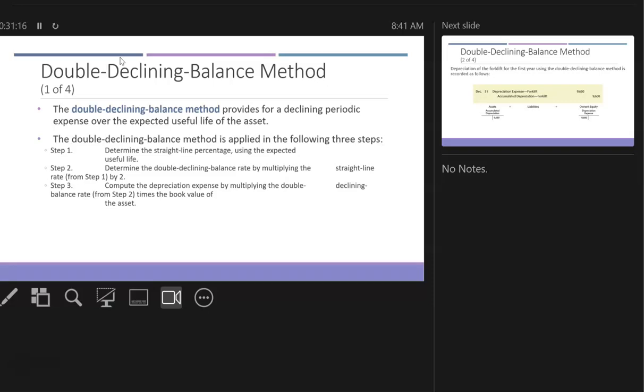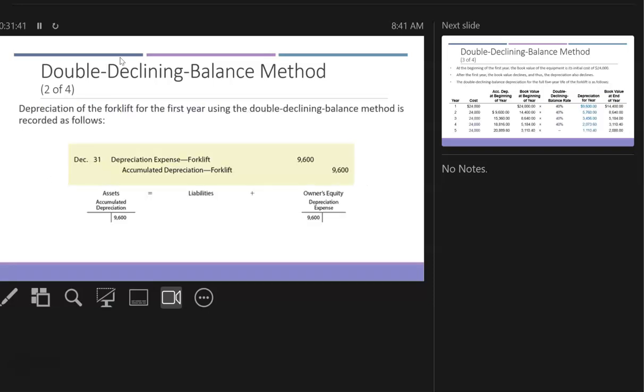Basically, we take the straight line amount, determine the straight line percentage using the expected useful life, but double it, multiply it times 2. Compute the depreciation expense by multiplying the double declining balance rate times the book value of the asset. So here's how it works.